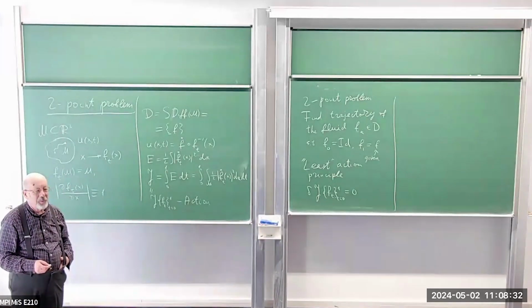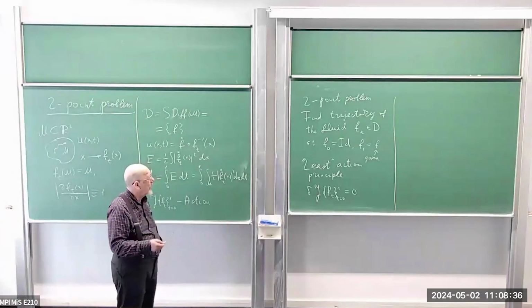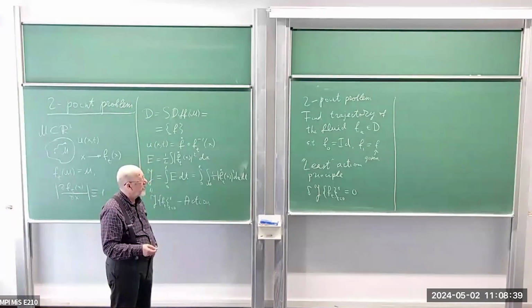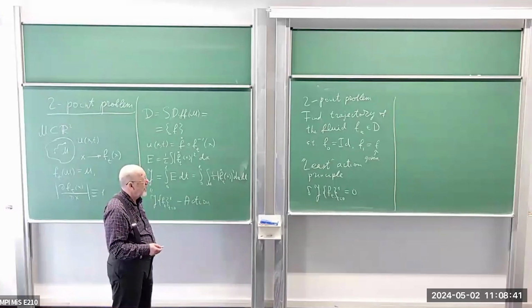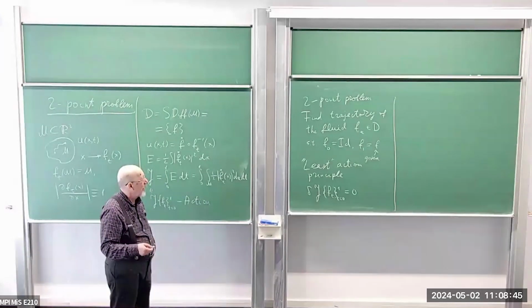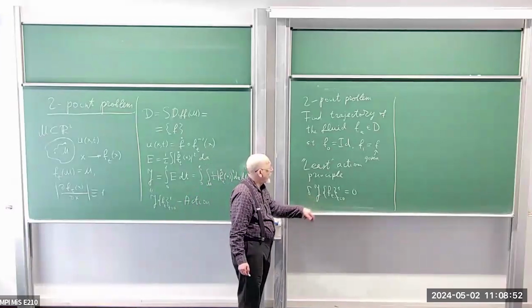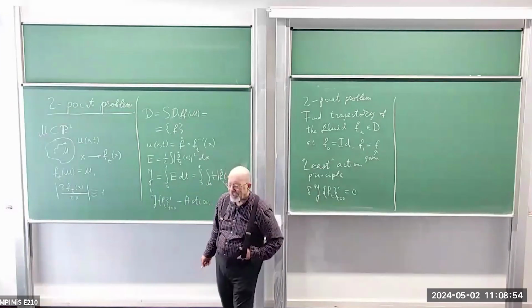The famous least action principle has many names and many formulations. It may be called Maupertuis, may be called Hamilton, maybe some other names, but the general thing is that this action should be stationary.